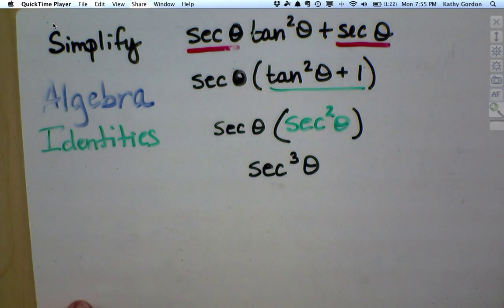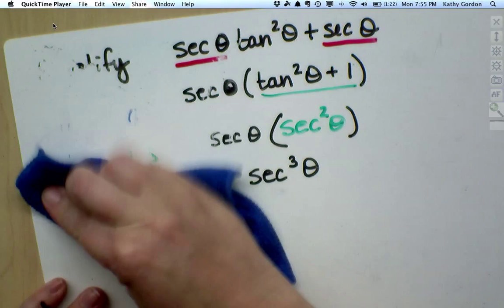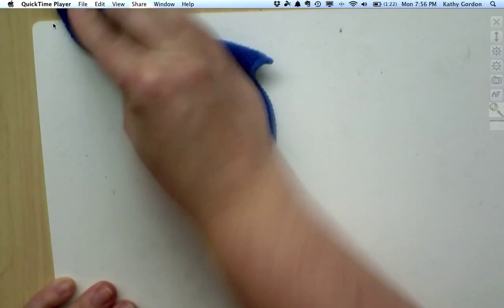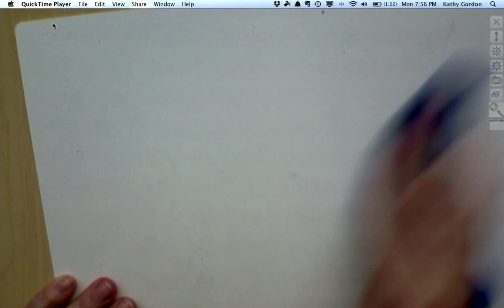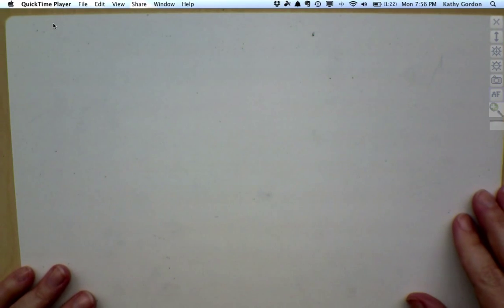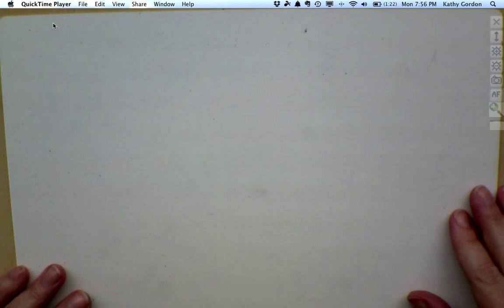And even when your initial expression seems extremely complicated, you have to just think of it like a puzzle. Think of it piece by piece. Think about what's going to fit best and try to get yourself into a situation where you can factor, where you can cancel, where you can replace things with simpler things to get things to work out.